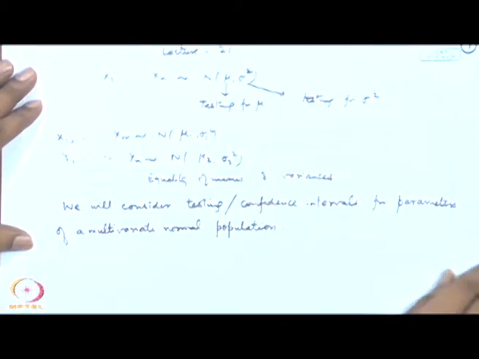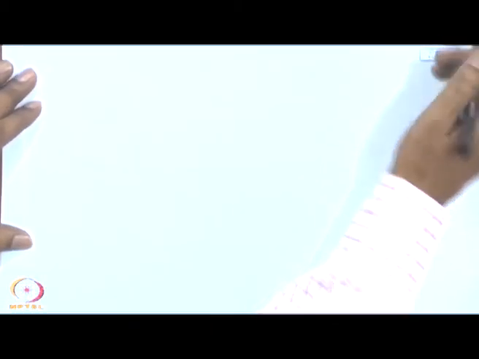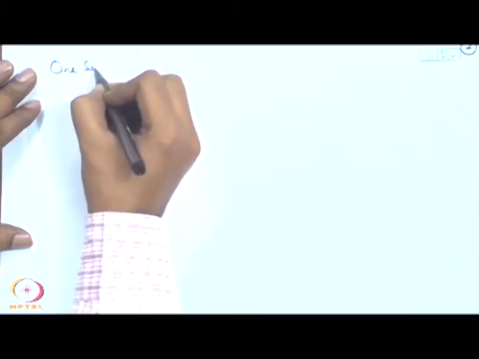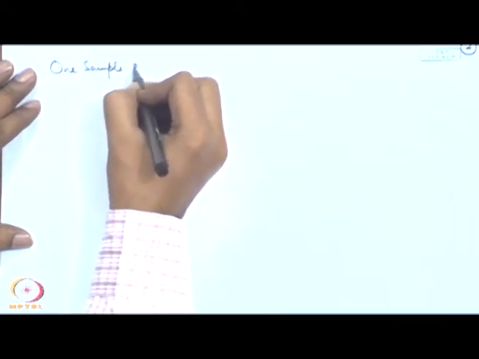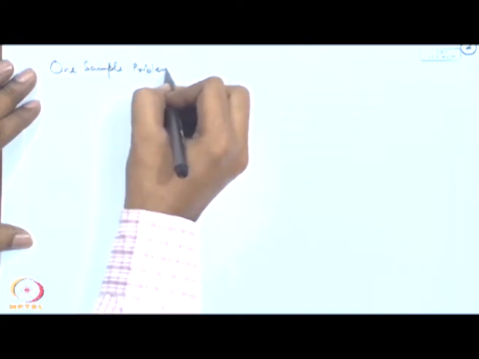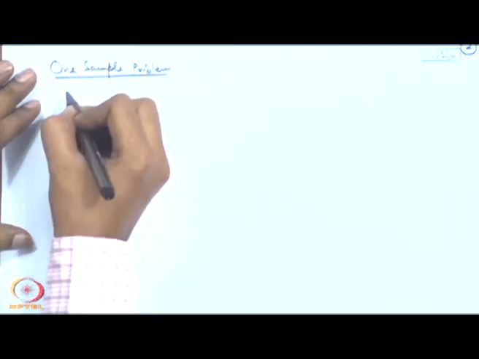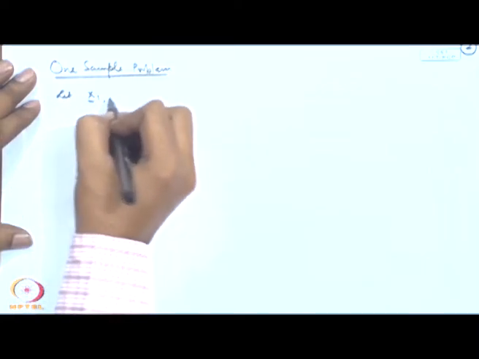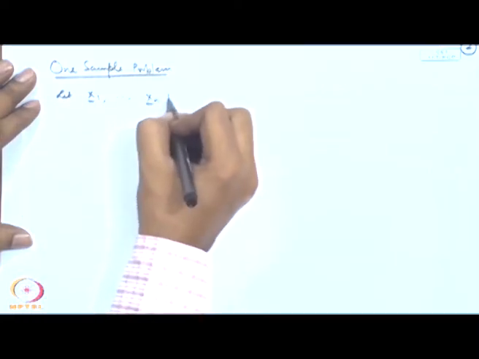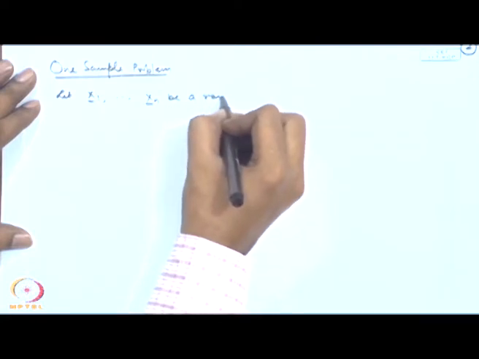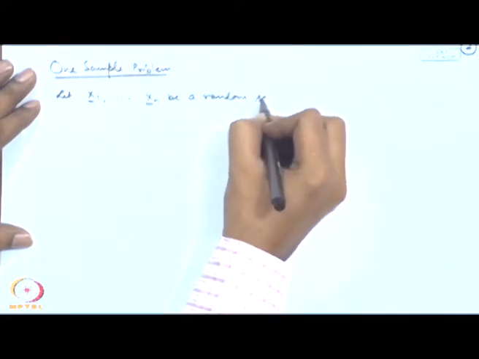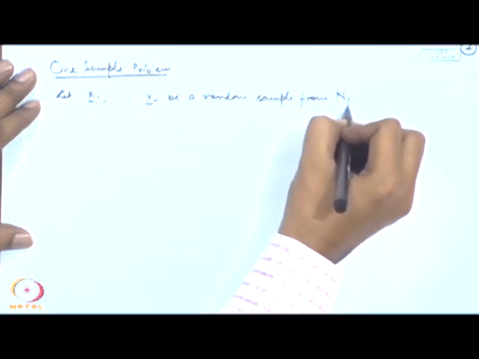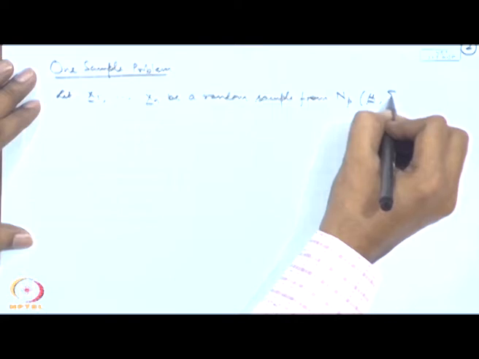So, let me introduce the one sample problem first. We will assume that we have a random sample: let X1, X2, ..., Xn be a random sample from N p (mu, sigma) population.